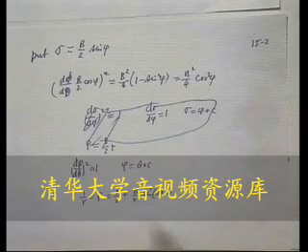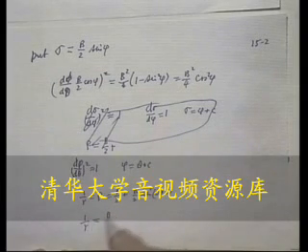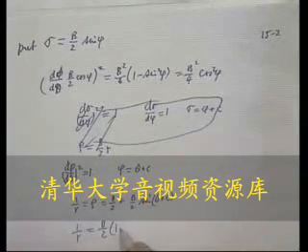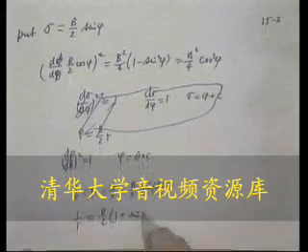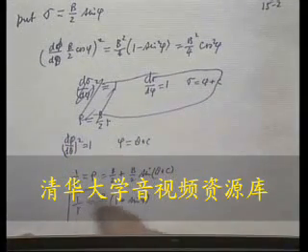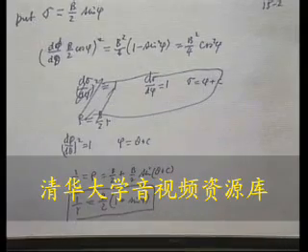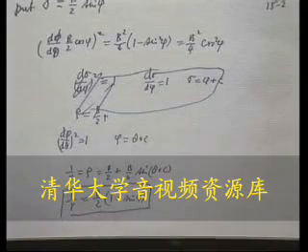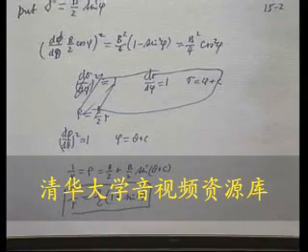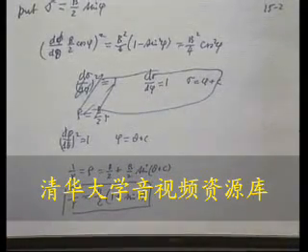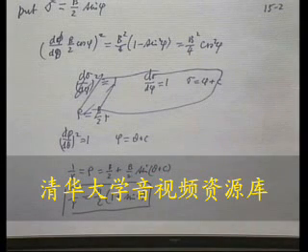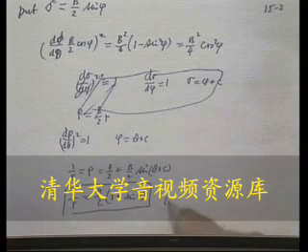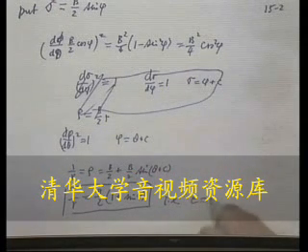So we now have the formula 1 over r is equal to B over 2 times 1 plus sine of phi. This is equivalent to the previous case, i.e. e is equal to 1.